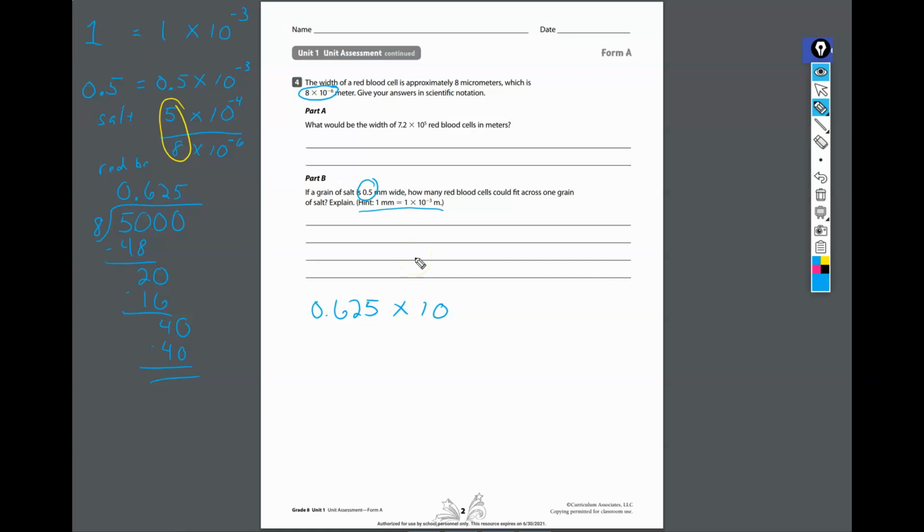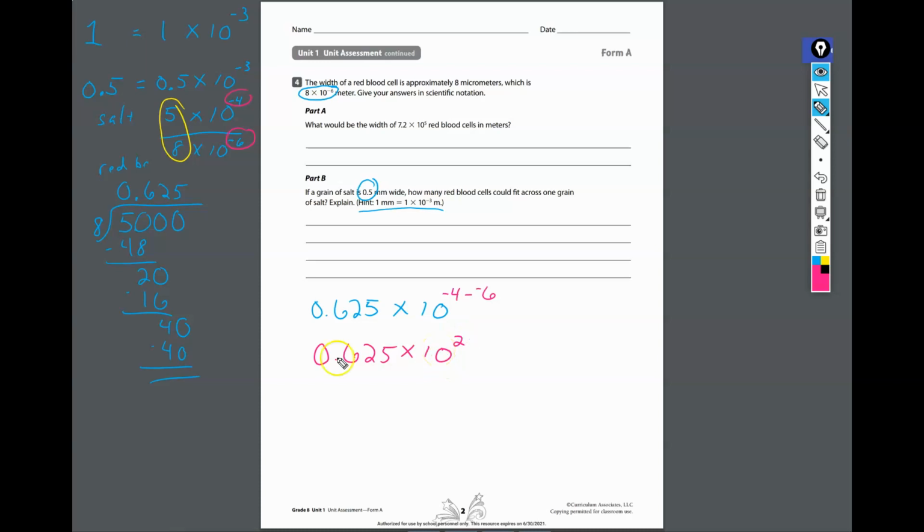Divide the numbers out in front, and then I need to subtract my exponents. So -4, always start at the top, minus -6. Remember, when they're stacked, you subtract. -4, two negatives make a positive, so it's -4 plus 6. Gives me a positive 2.